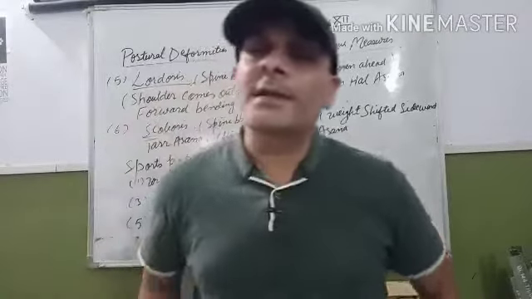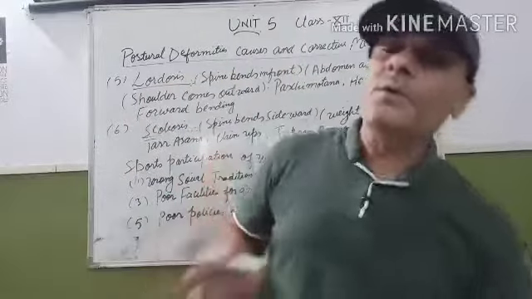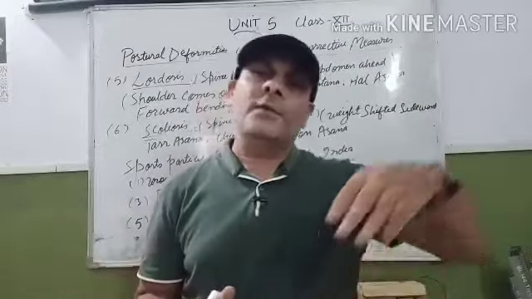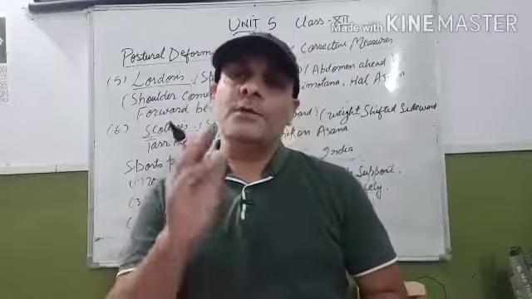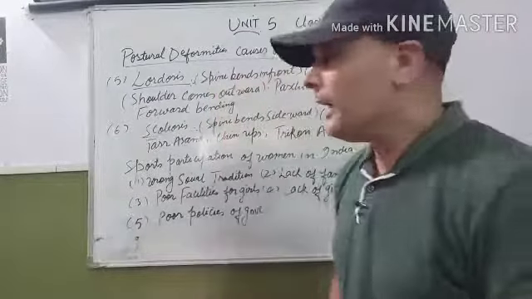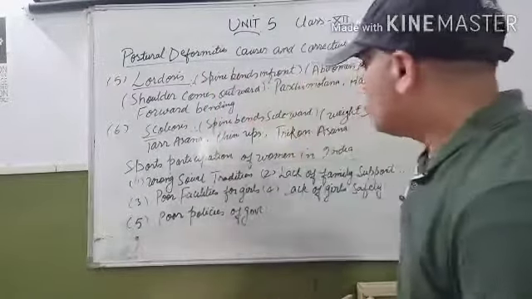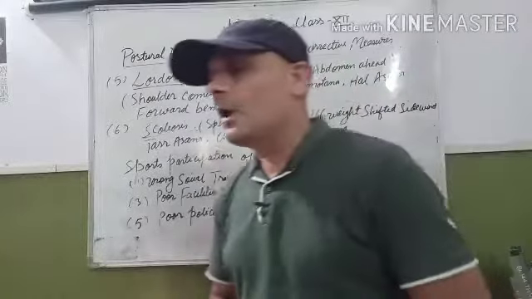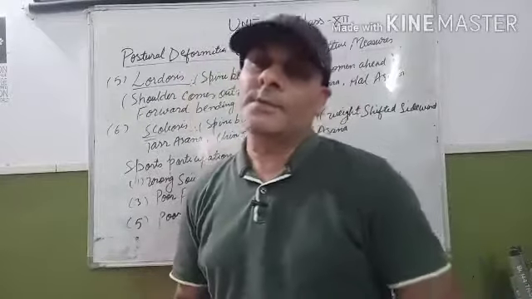Then bend your body to the other side. You have to do this asana on both sides, right side also and left side also. If you do this regularly, then definitely it will improve this deformity that is called scoliosis. So that is all about the postural deformities, all 6 postural deformities.